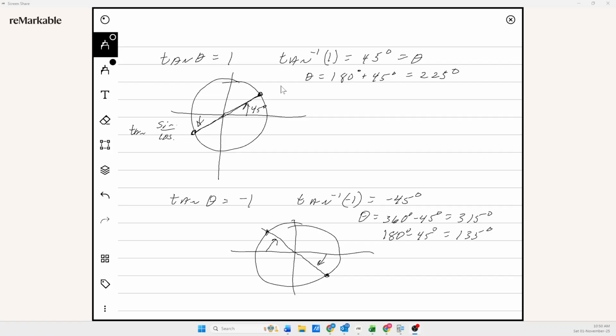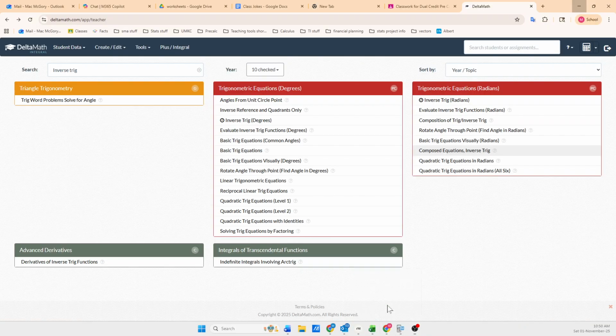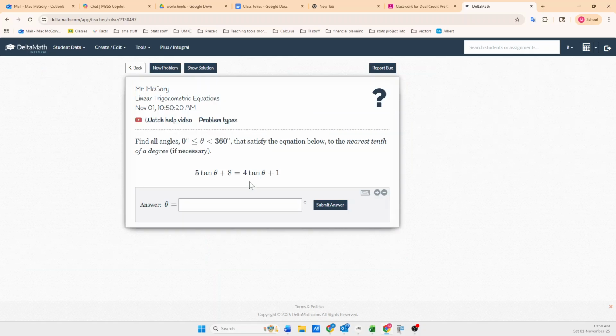So we want to make sure that we're getting the right places. I was going to look at a Delta Math equation like this. Let's take a look at this equation. I'm going to write it down and then we'll do it.